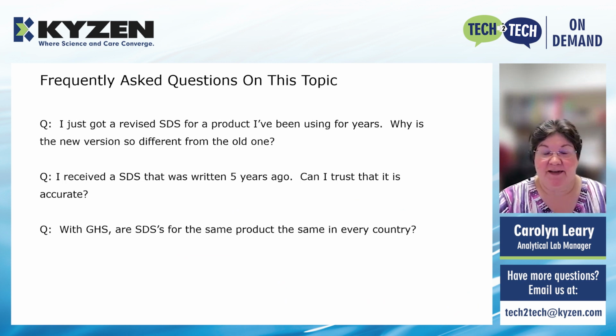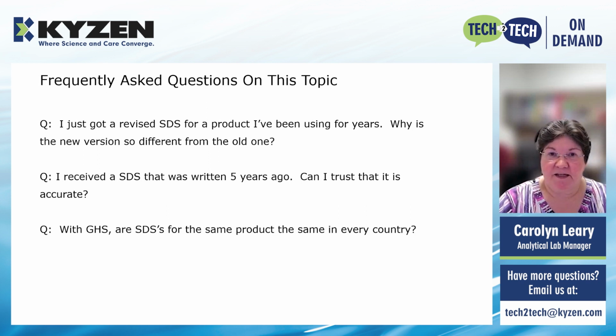Now I'd like to answer some questions that we get on these topics. The first one is, I just got a revised SDS for a product I've been using for years. Why is the new version so different from the old one? This can happen very commonly. Sometimes a safety data sheet will look different because there's new research or scientific data that changes the classification of the material, so that will be reflected there.